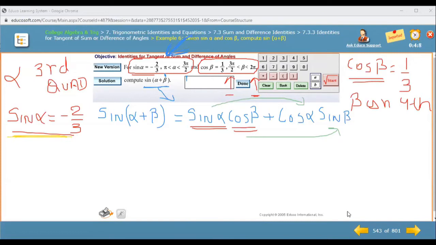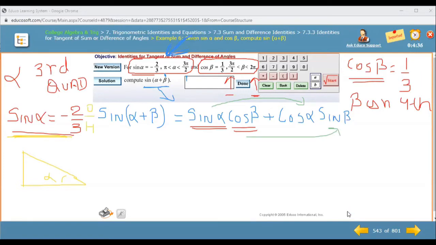Now, just looking at this sine, if we look at sine alpha, I try to draw a right triangle. Consider this angle as alpha. Now sine is always opposite over hypotenuse.